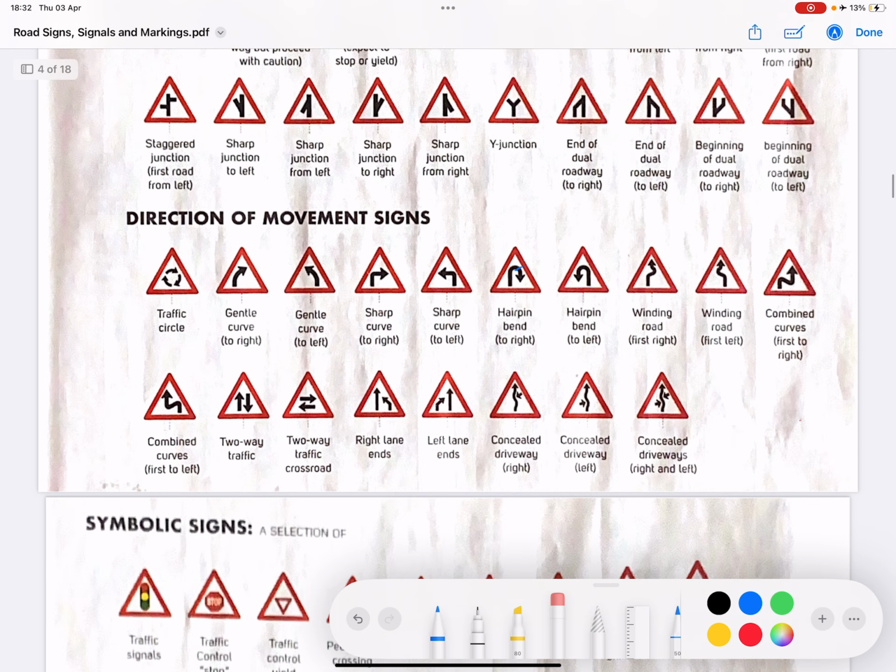But I want to explain a few things. There are people who get confused when we're talking of winding road, concealed driveway, and combined curves. These signs are not the same, or they don't mean the same thing either. Okay? So now, the road is winding.